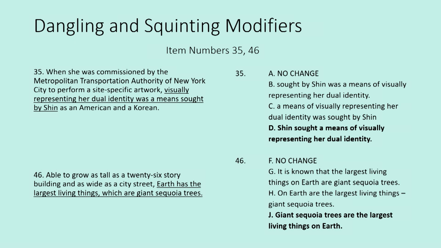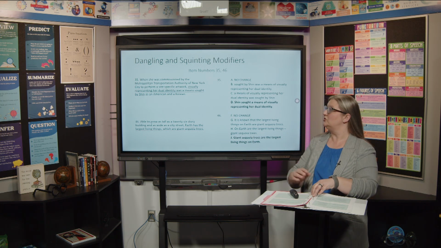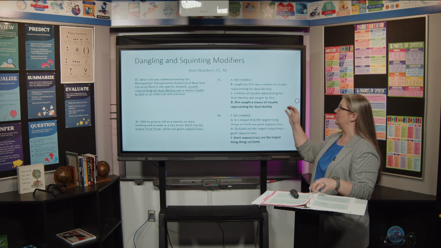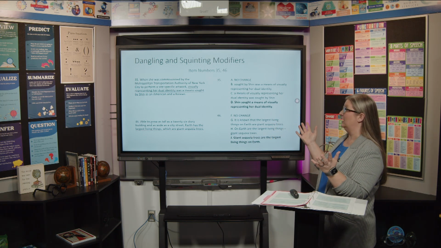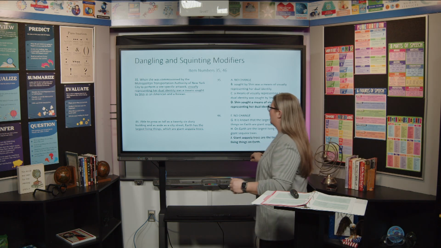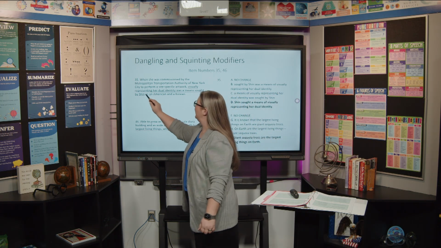So you see the underlined portion is meant to modify something, but can you tell what it's modifying? It's very difficult to tell, isn't it? So the information is, like I said, unclear. It uses the phrase by Shin.